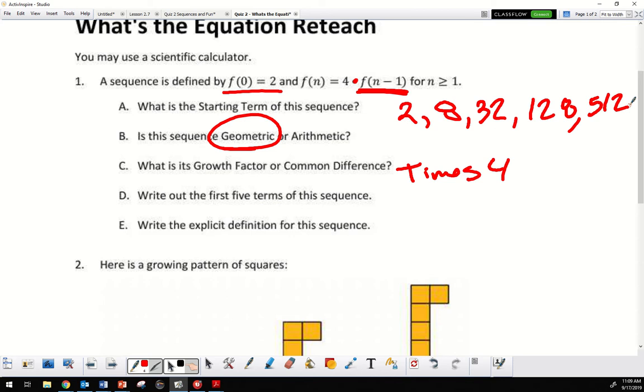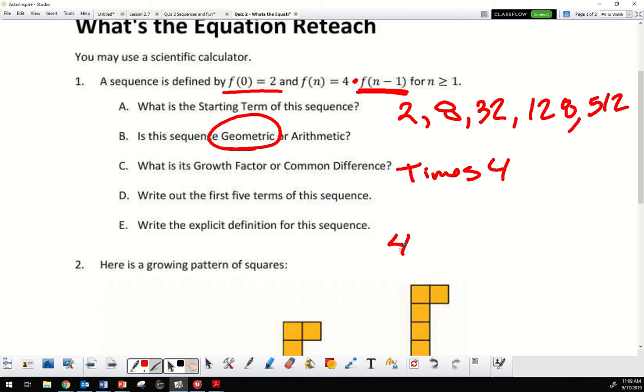All right. Write the explicit definition for this sequence. My growth factor is what? 4. So it's going to be 4. What is my initial? 2, right?